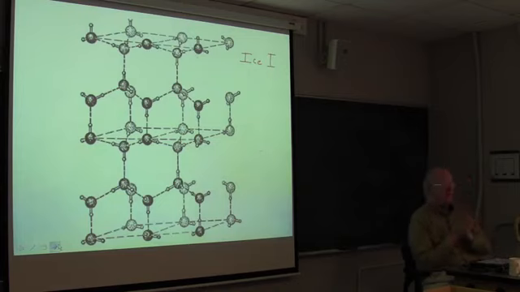The same kind of thinking helps us understand solid state chemistry. This is the structure of ice 1. This is not the ice in, what's his name's great science fiction book. What was that? Ice 5 or something like that. There's 4 different known forms of water ice, depending upon temperature.